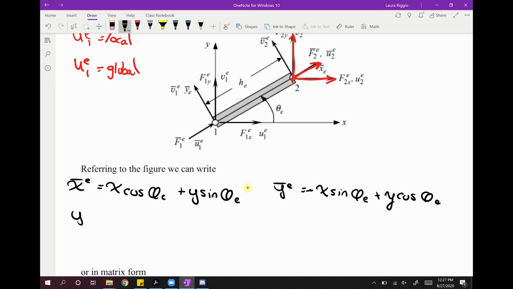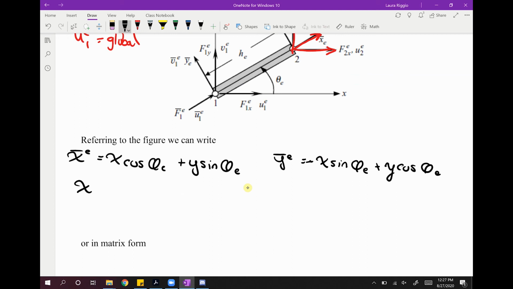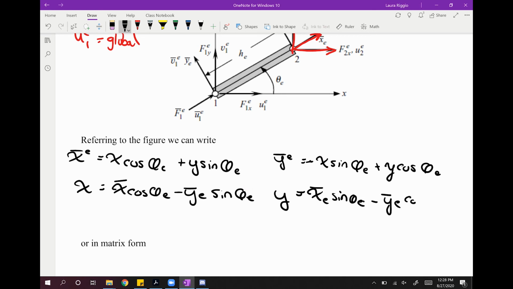We can also write the reverse where x is x bar cosine theta minus y bar sine theta, and we can say that y is x bar sine theta plus y bar cosine theta.